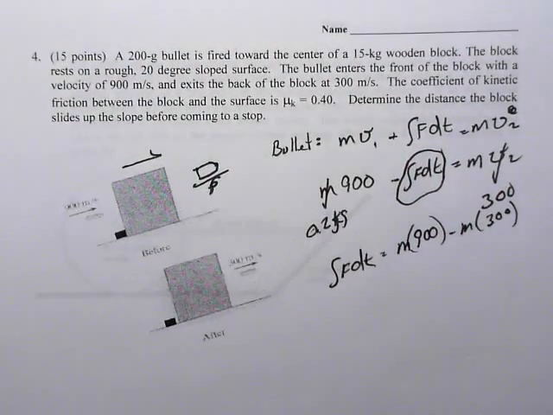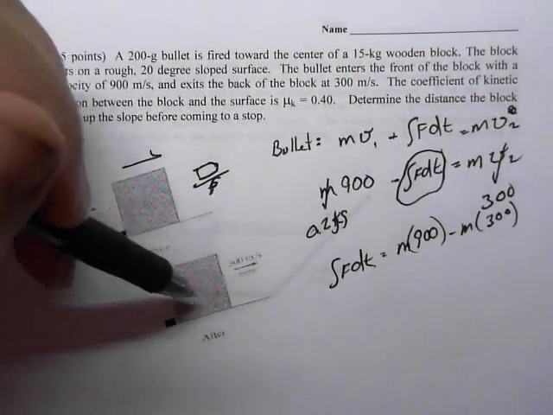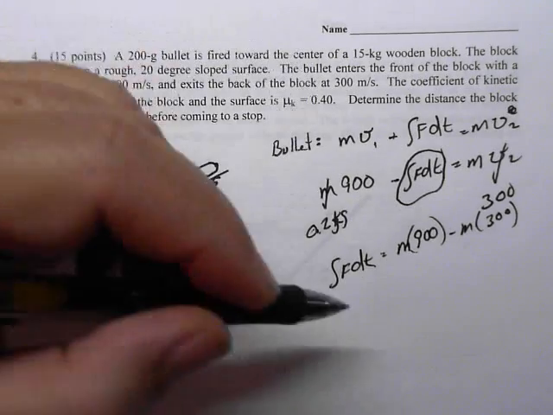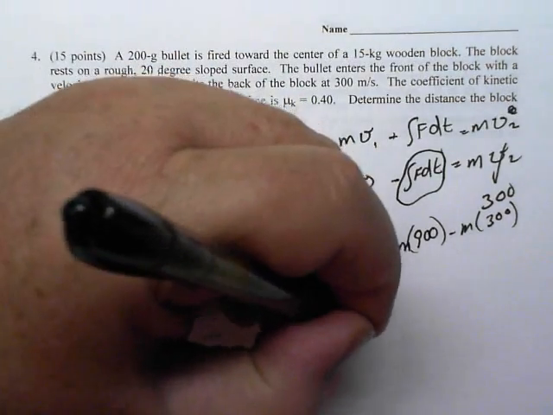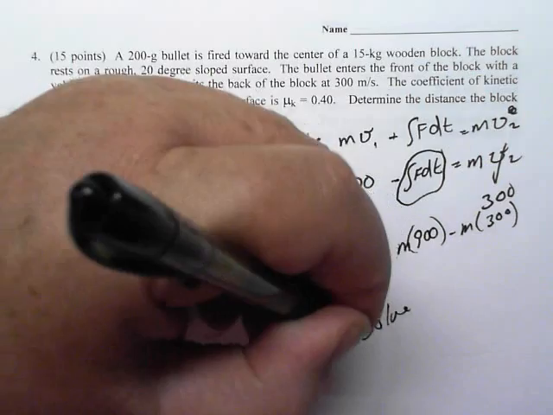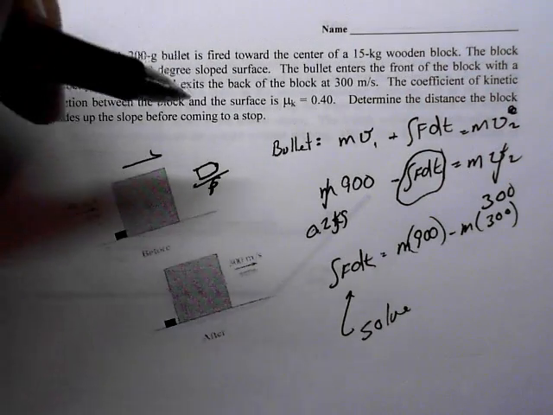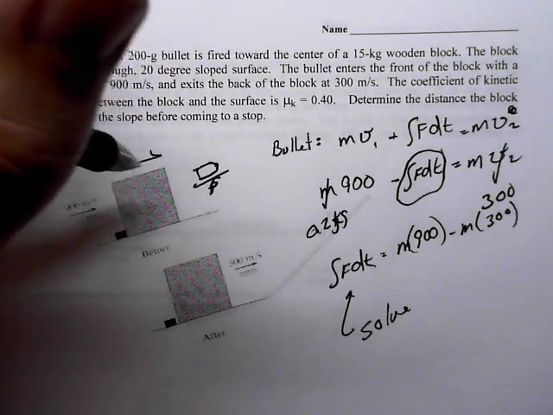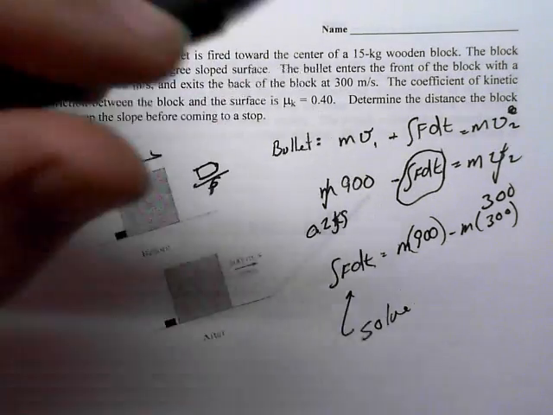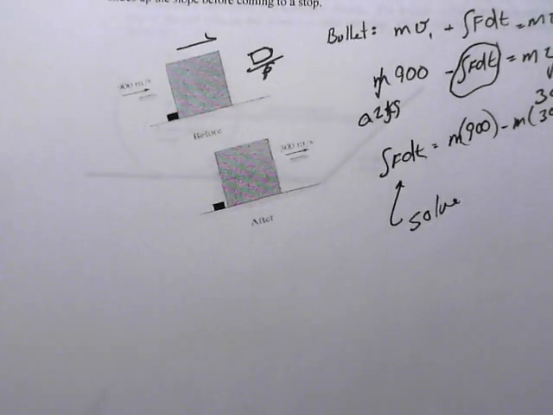That's the impulse that the block has applied to the bullet, and we will solve for this impulse. Once we have solved for that impulse, we'll understand that that's the same impulse that the bullet applies to the block.